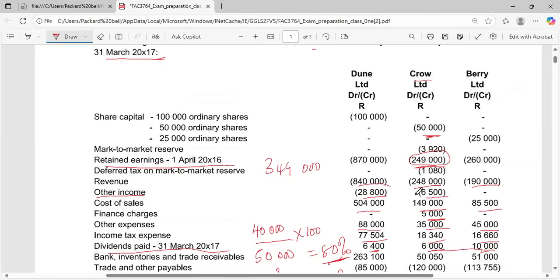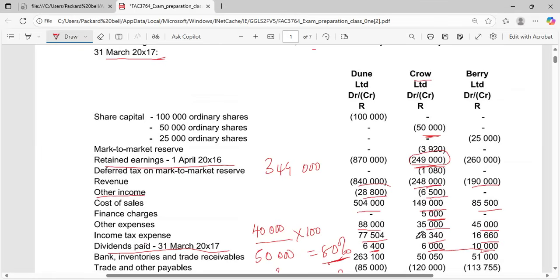I think we have to do a separate calculation. There's too much here. We have revenue of 248, other incomes, cost of sale of 149, finance charges, and what else?